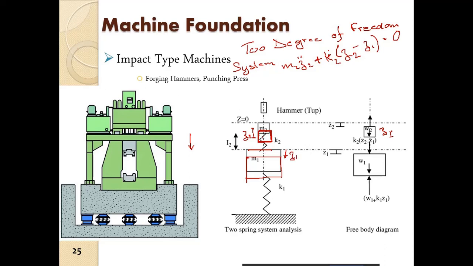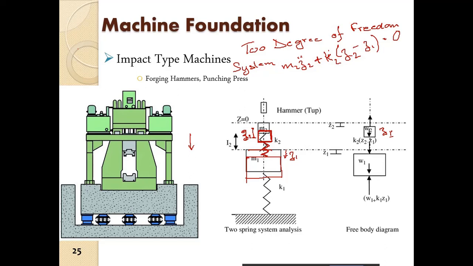So the spring as a whole will move z1 amount, and the total compression in the spring will be z2 minus z1.